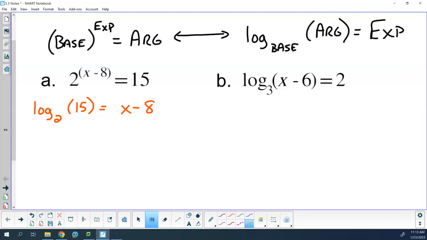Log base 2 of 15, we would do log of 15 and then divide that by log of 2, common logs. Or we do natural log of 15 divided by natural log of 2. And you should have gotten 3.906890596.